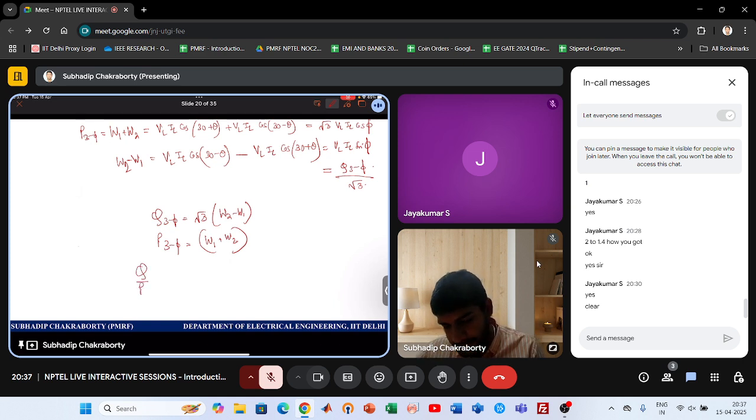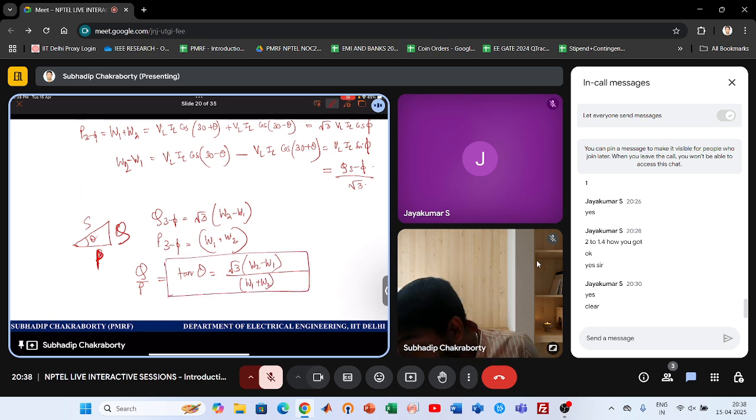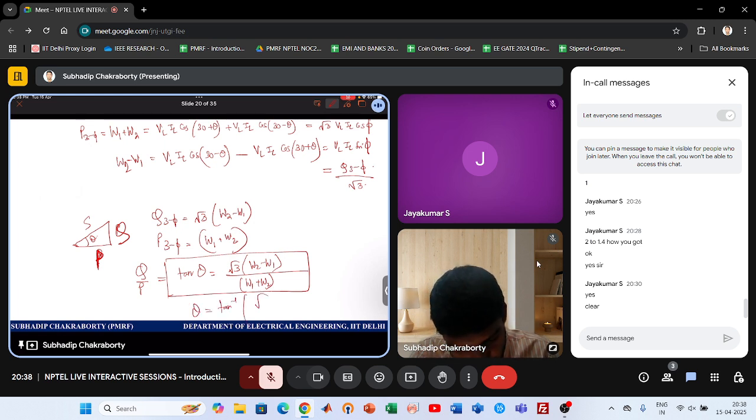So if we know Q by P, as per the power triangle, sorry, this is Q, right, and this is P. Just to find the power factor, right? Okay. So what is theta? Tan inverse root 3 times W2 minus W1 by W1 plus W2.